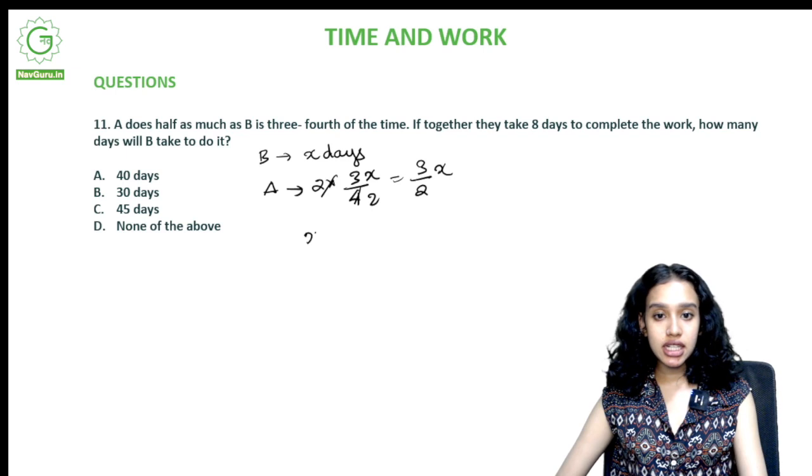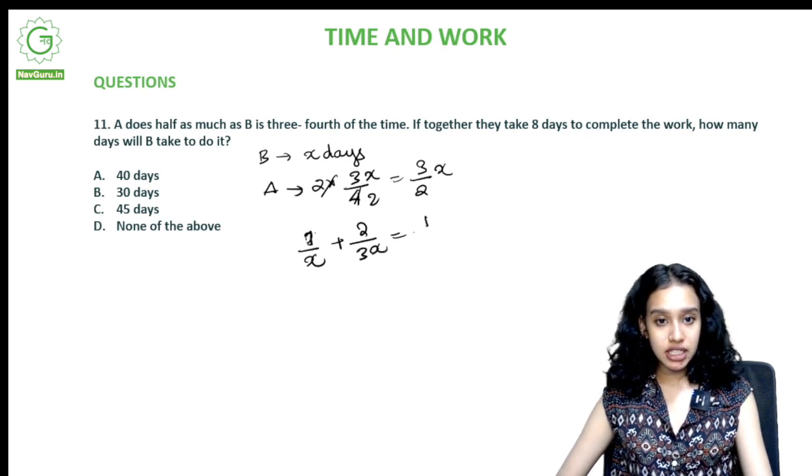So together they complete the work in 8 days. So 1 by X plus 2 by 3X is equal to 1 by 8, right? So 3X plus 2X, 5X divided by 3X square is equal to 1 by 8.